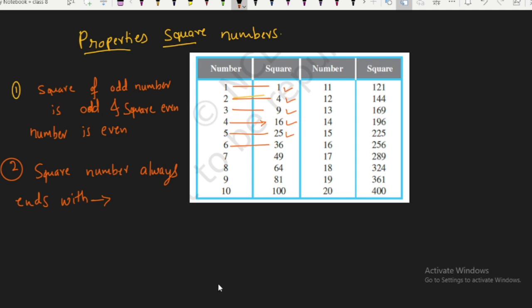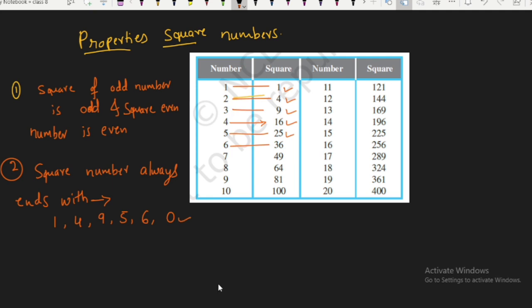So a square number always ends with 1, 4, 9, 5, 6 or 0, right?